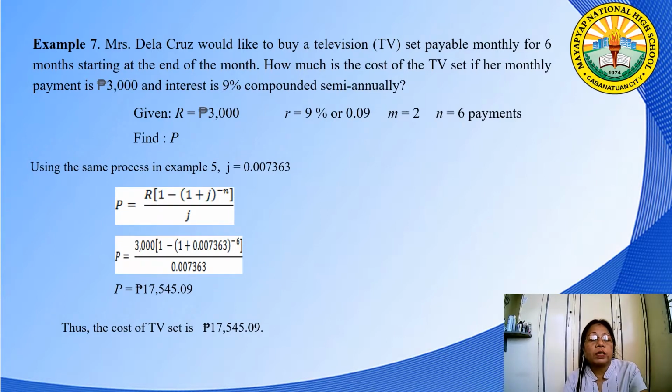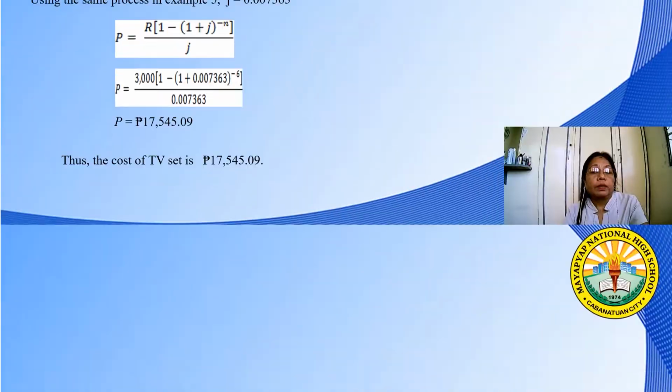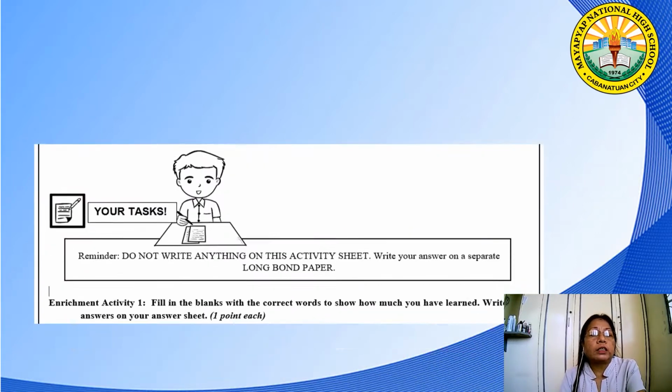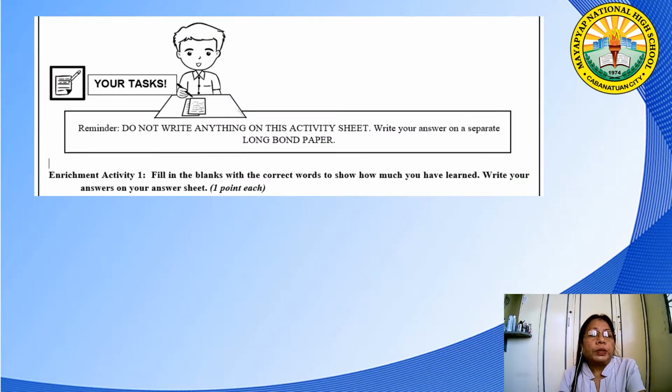Okay, after our discussion on how to solve simple and general annuity and their differences, it is now your turn to do your task. Reminder, do not write anything on this activity sheet. Write your answer on a separate long bond paper. For enrichment activity 1, fill in the blanks with the correct words to show how much you have learned.